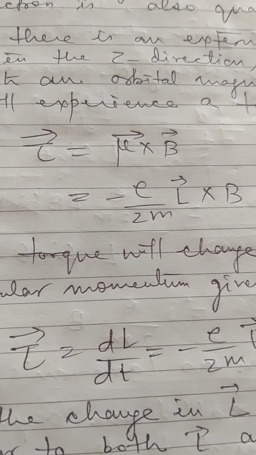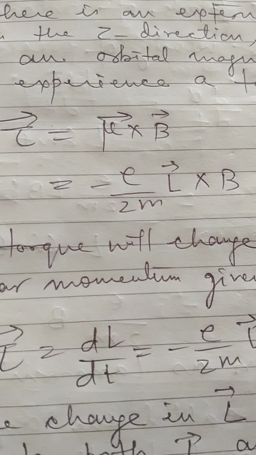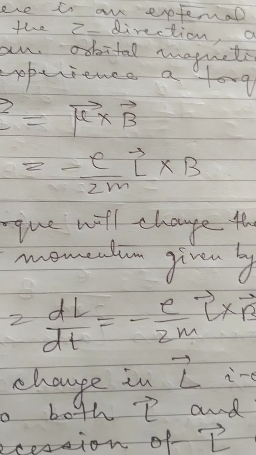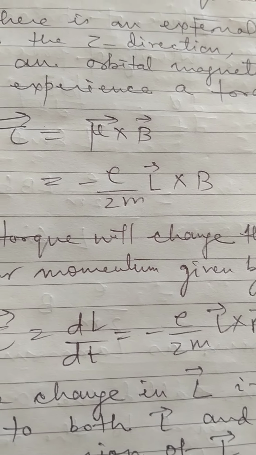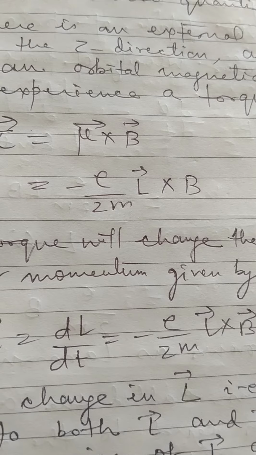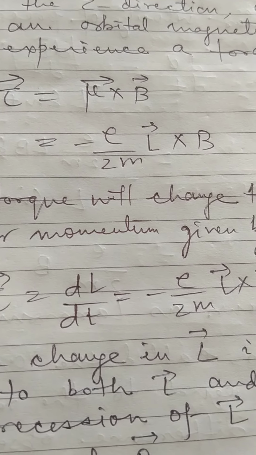The electron with the orbital motion will experience a torque, equal to the magnetic moment crossed with B, as we see with the pole strength and the magnetic field strength. Similarly here also mu cross B, and mu is equal to, we know, e by 2m L.